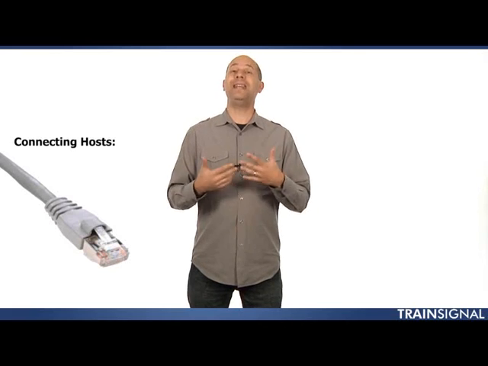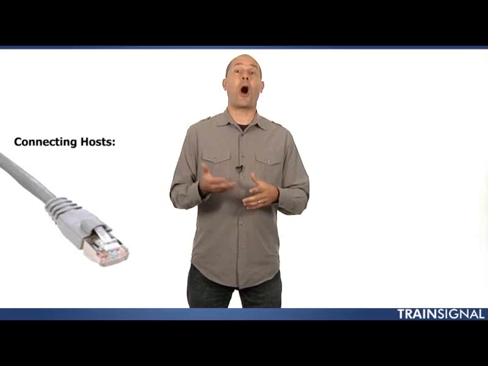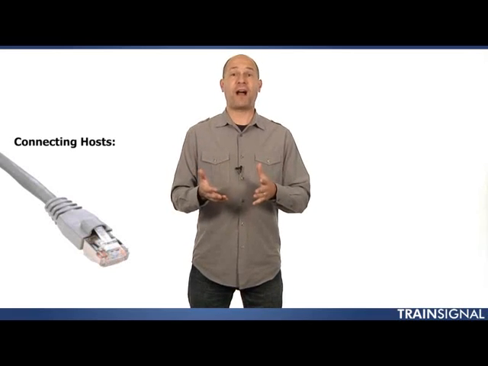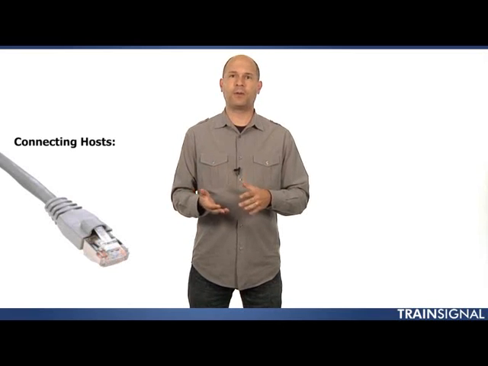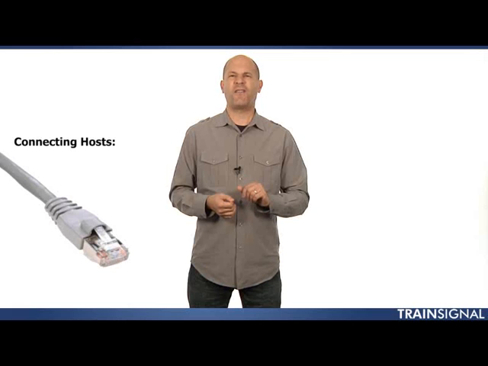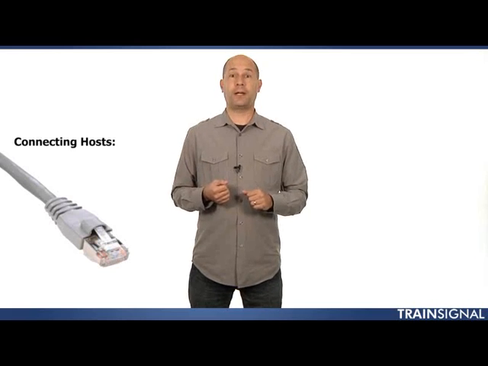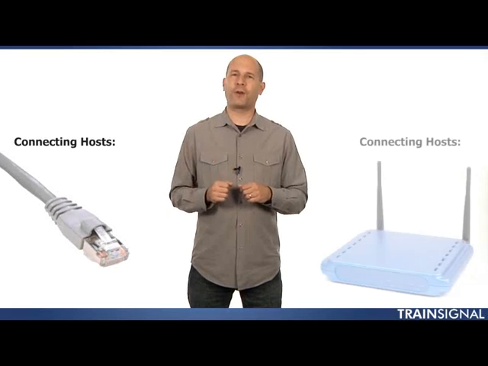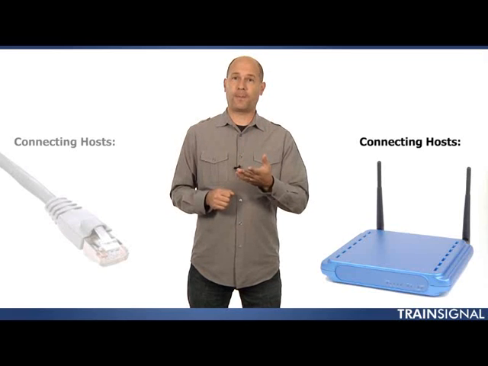I have here one of the most typical network cables that is used in today's, well, at least office networks. Okay, it happens to be a Cat5 twisted pair cable. Some people call it an Ethernet cable. I don't want to get into the details of that right now, but it's just kind of the idea that, well, here's a cable, right? That's the obvious. But what I also have over here is a wireless router.